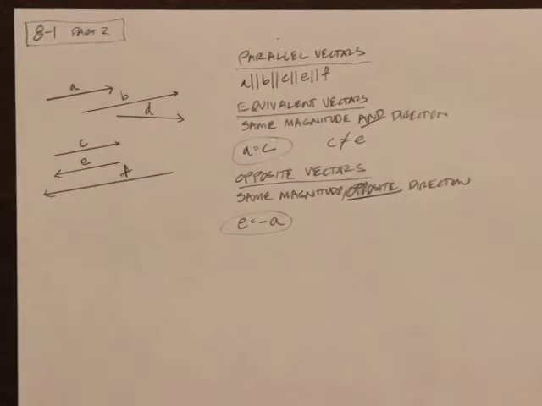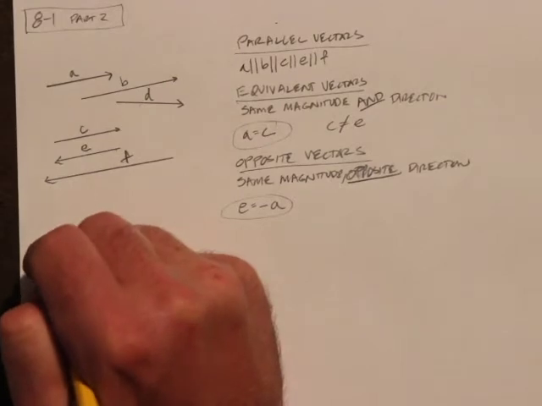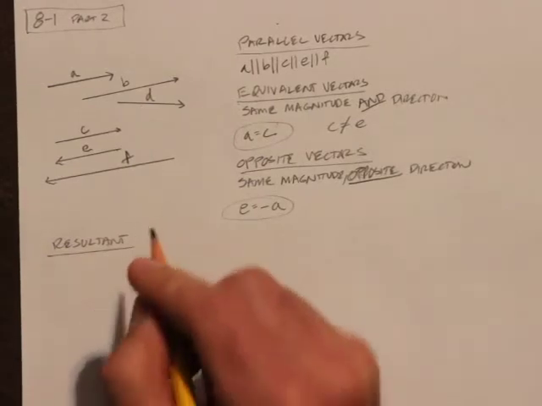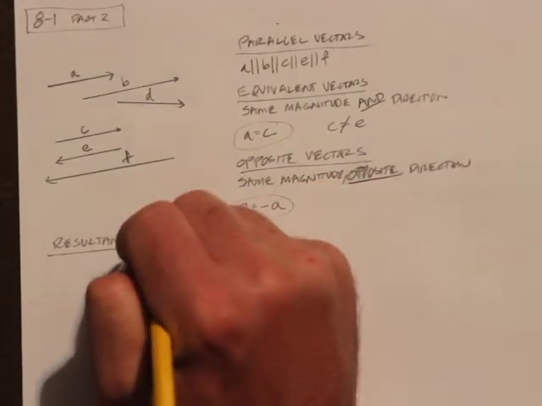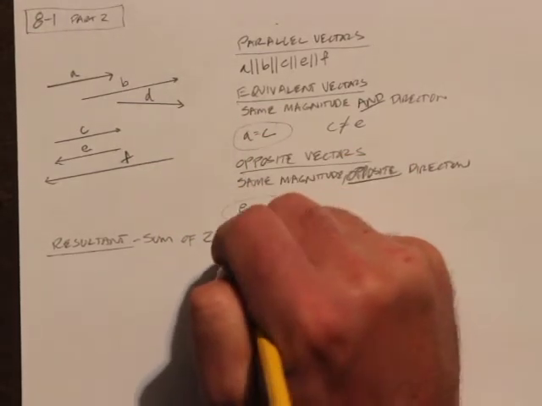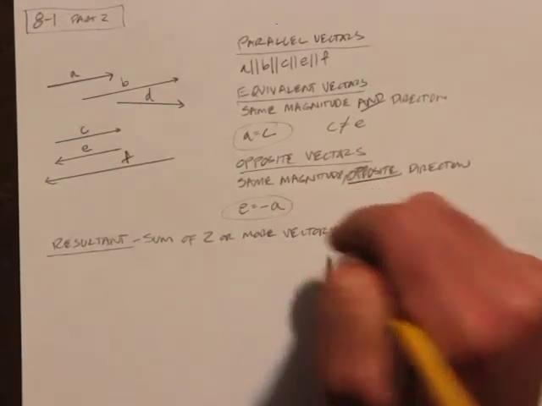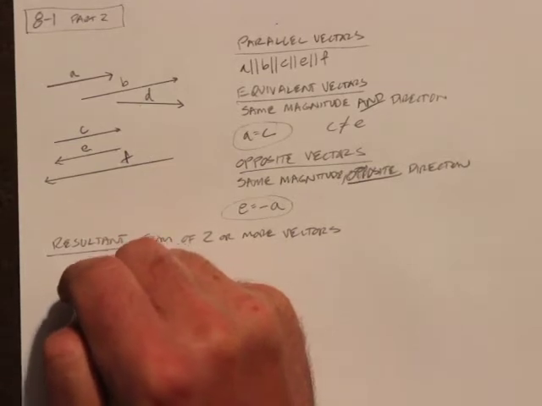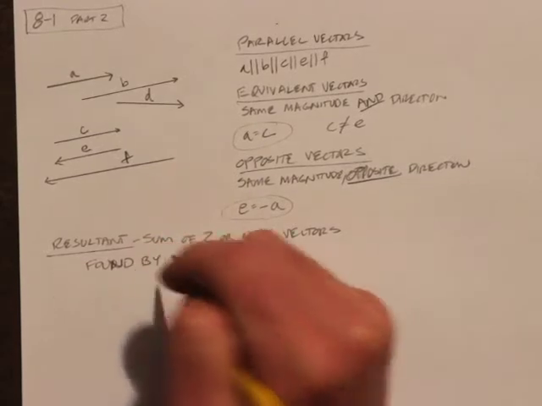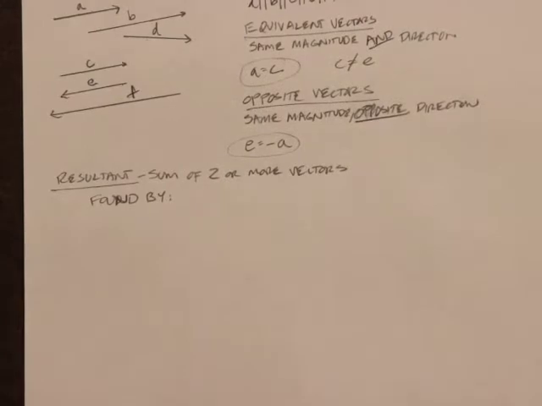Okay, now let's go on to another part here called the resultant. The resultant is the sum of 2 or more vectors, and it is found by two different methods we can use. Whichever one you're more comfortable with, we're going to learn them both.